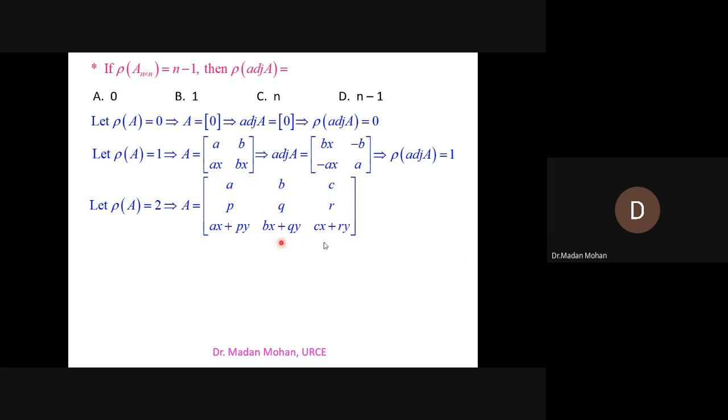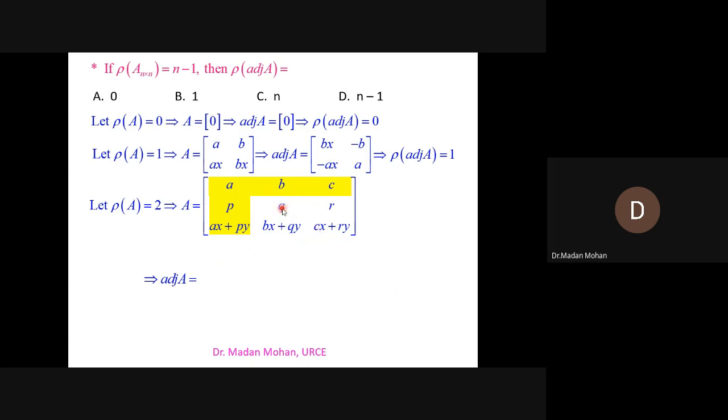Now I need the adjoint of this one, whose rank is 2. Now observe, you know how to write adjoint. Third order, all second order minors. To write adjoint, please, the first entry is the product of this minus the product of this.